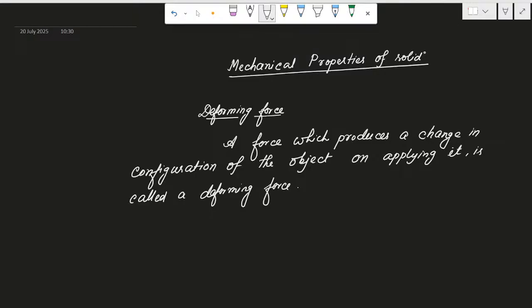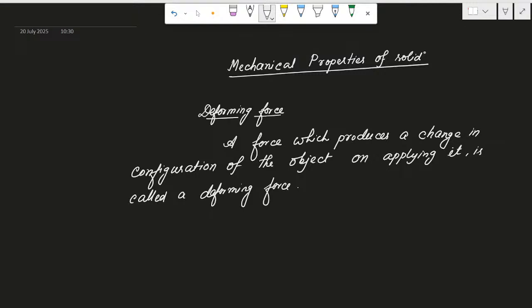In this chapter, mechanical properties of solids, we will not consider any solid object as a rigid body. Remember carefully, in rectilinear motion, even in Newton's laws of motion, we consider any object to be rigid.